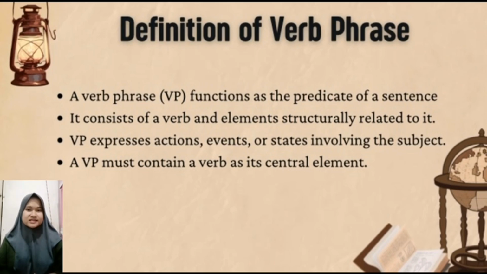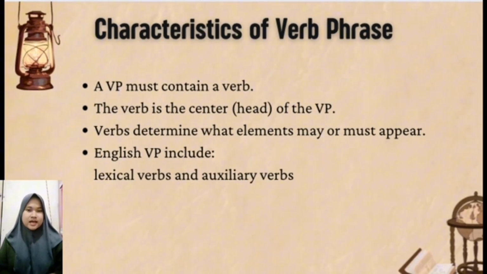In English syntax, the verb phrase plays a crucial role because it expresses action, event, or state involving the subject. Most importantly, a verb phrase must contain a verb, since the verb is the central element that determines the structure of the phrase.